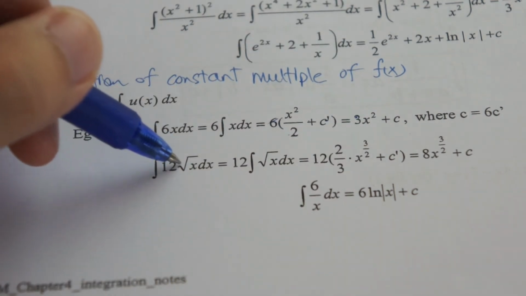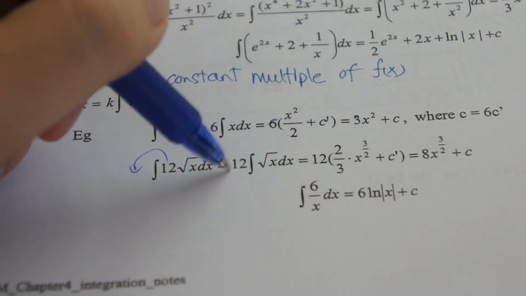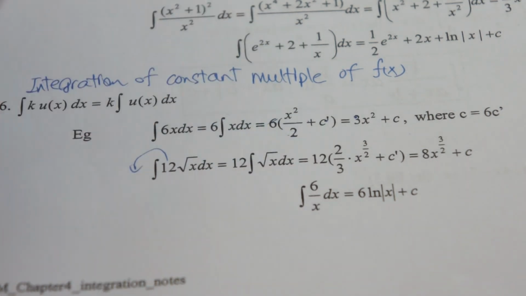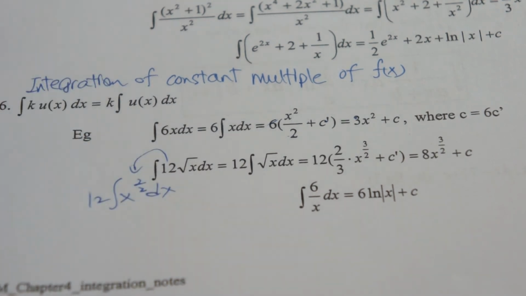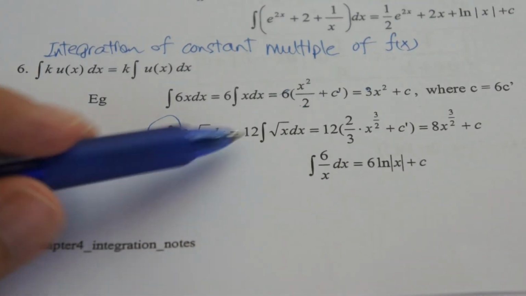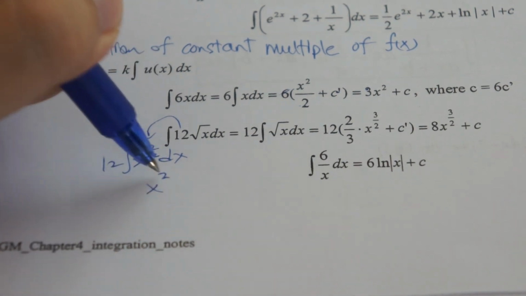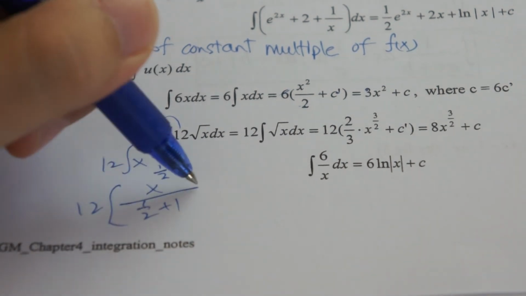So 12 times square root x, so take out the 12, and then 12 times integrals of square root x, and the square root x is like, well, right here, this is in fact power 1 over 2, because the square root x is x to the power of 1 over 2. So 1 over 2 plus 1, and then divided by 1 over 2 plus 1.